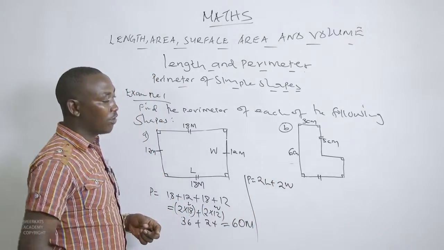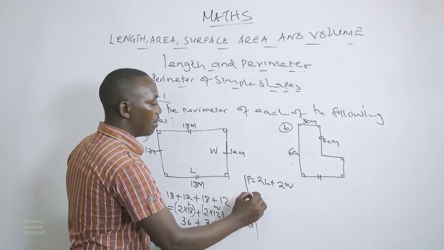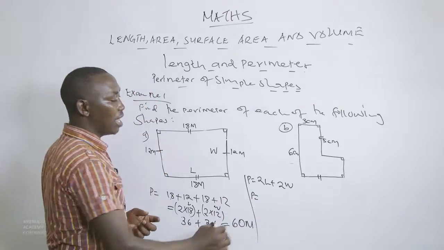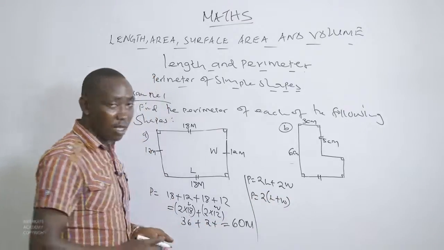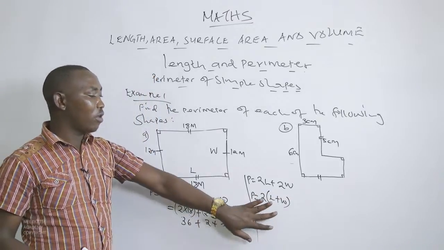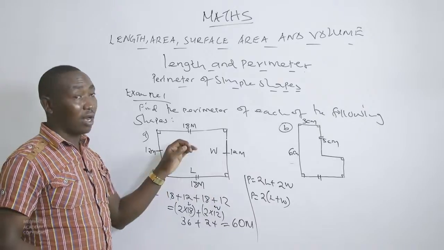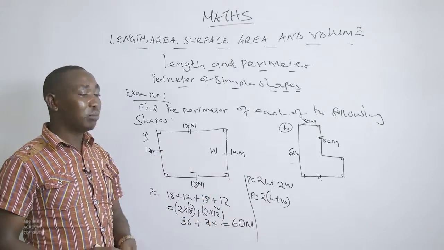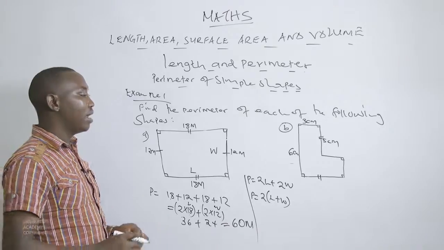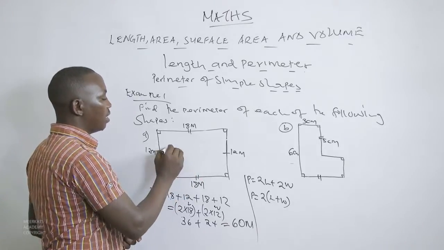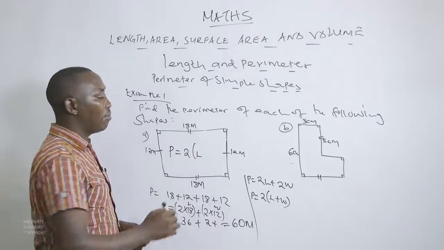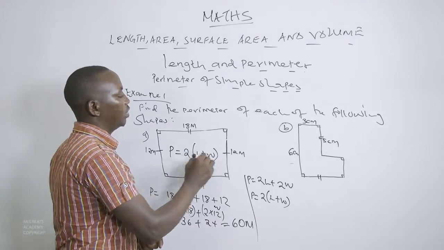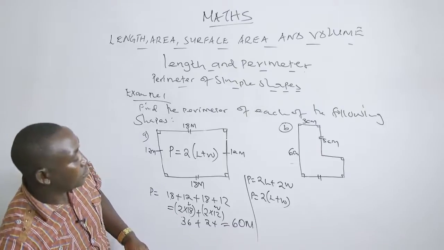And because you can factor out 2, the perimeter for this figure can be given as 2 into length plus width. So in future, if you are given a rectangle, this is a simplified formula for finding the perimeter, i.e. perimeter is equal to twice the sum of length and width.